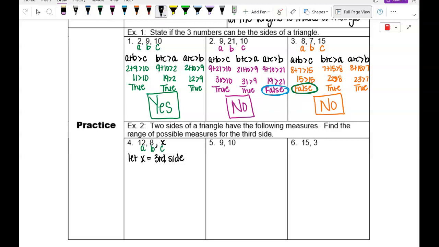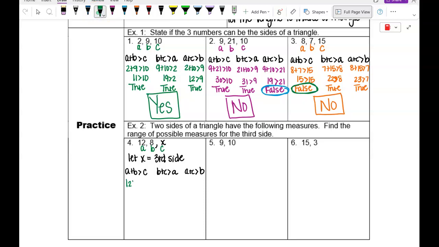I'm still following the same 3 inequalities where A plus B has to be greater than C, B plus C has to be greater than A, and A plus C has to be greater than B. That is all still the same.